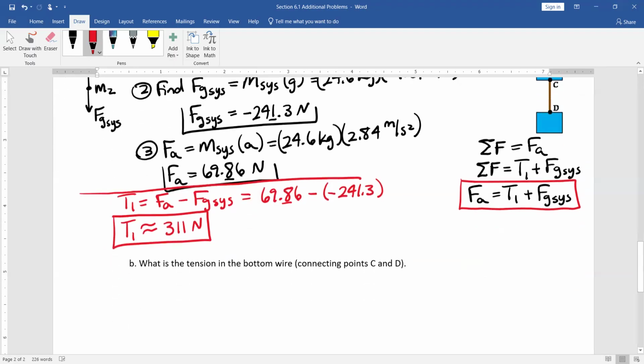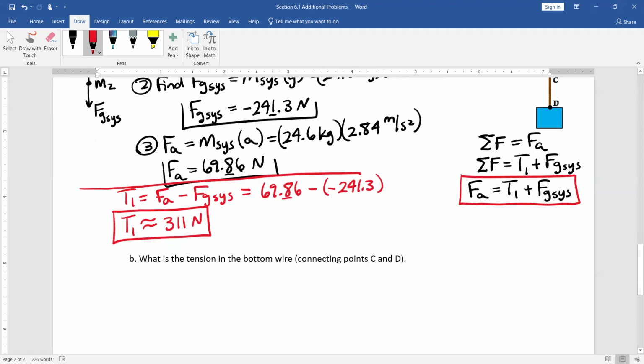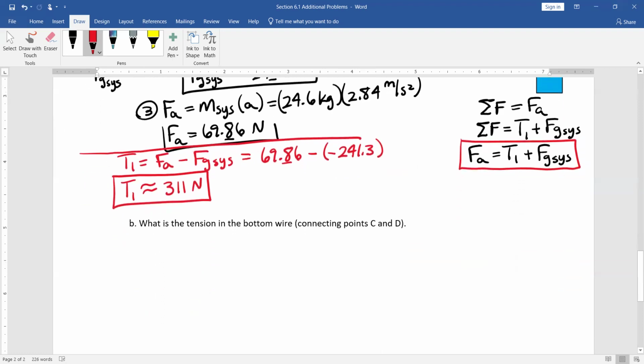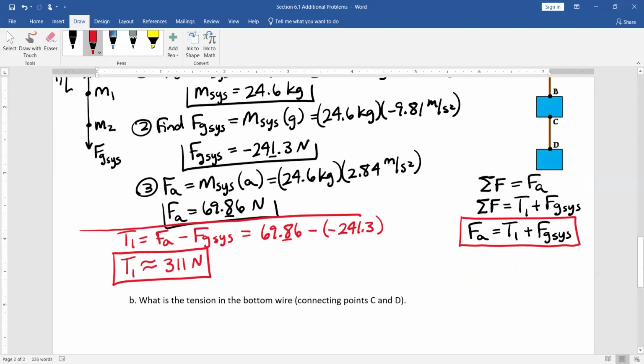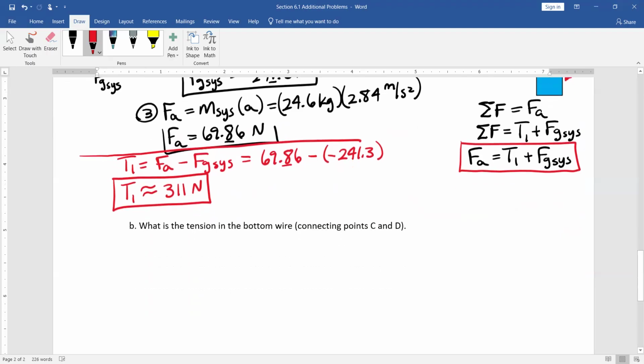All right, so when we're looking at the tension in the bottom wire, from C to D, it changes the mass that's attached to it, because the only thing hanging from that wire is the bottom box. So we have to change all of our variable values a little bit because the mass is different. I'm going to draw my free body diagram. This is just mass 2.